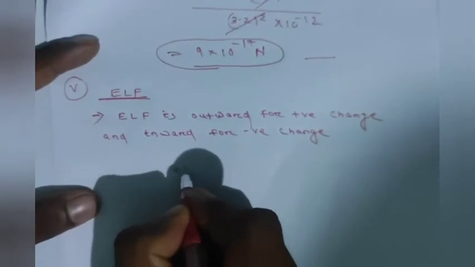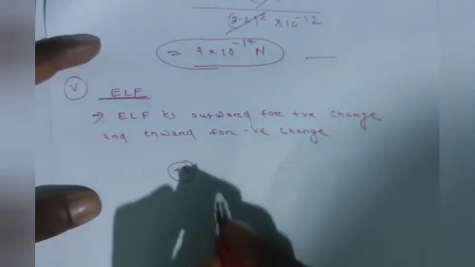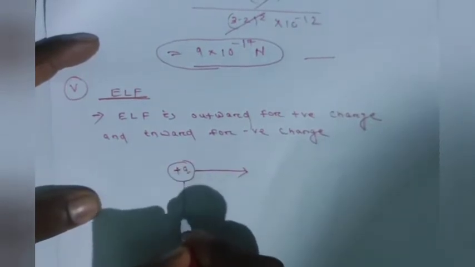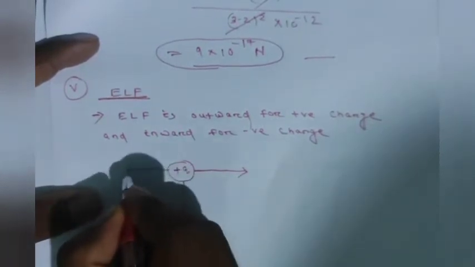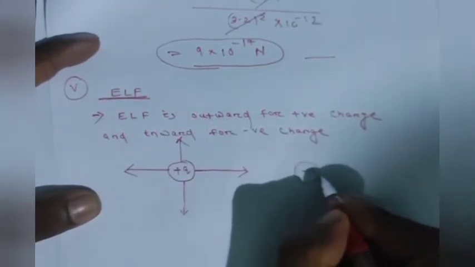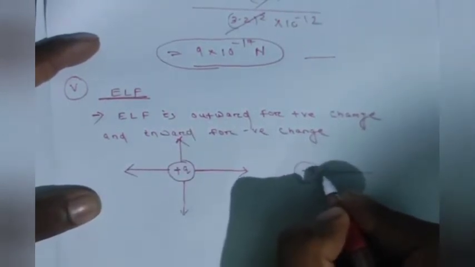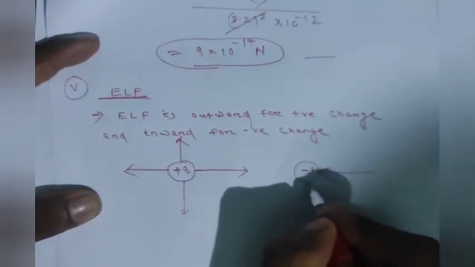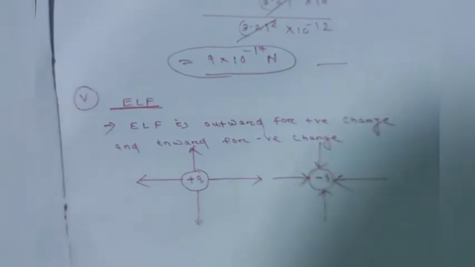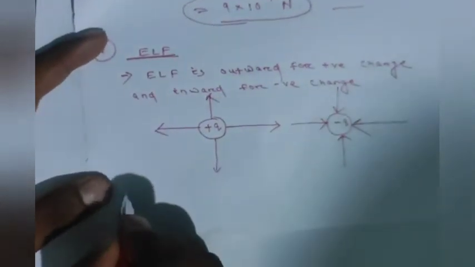So the diagram will look like this: if this is a positive charge, then the electric lines of force will be directed outward. If the charge is negative, then electric lines of force are directed inward.